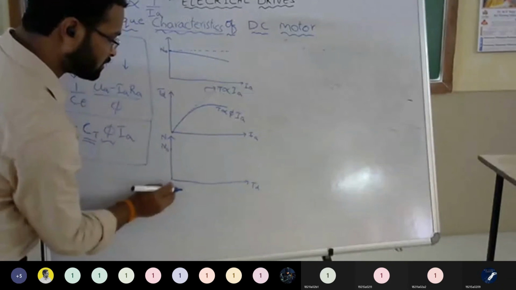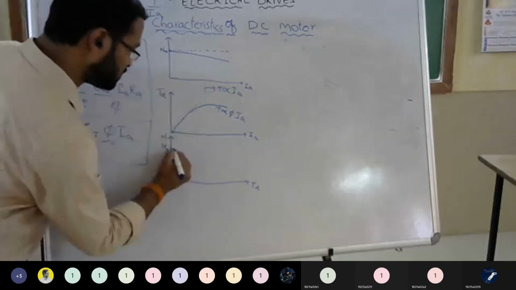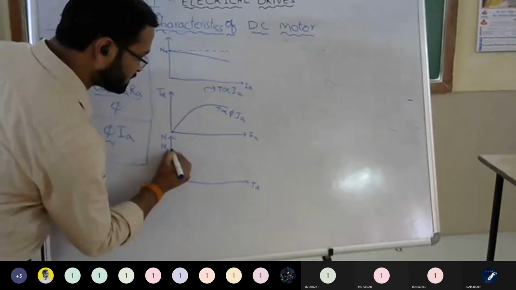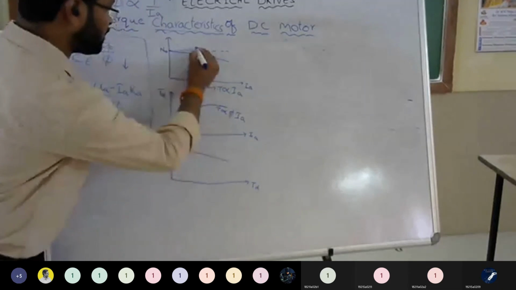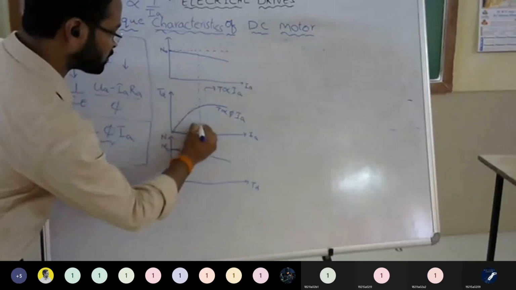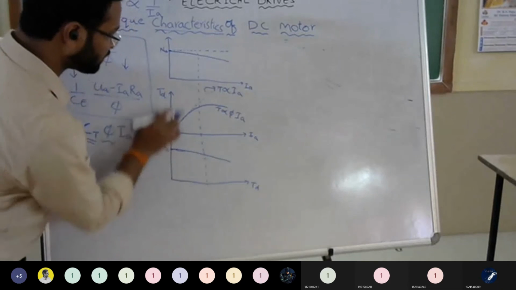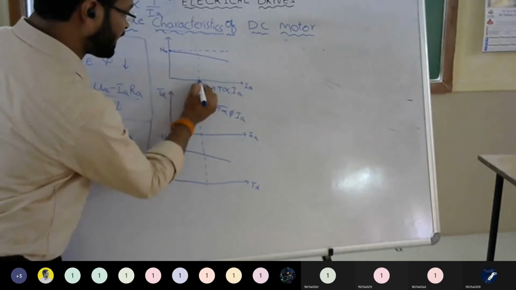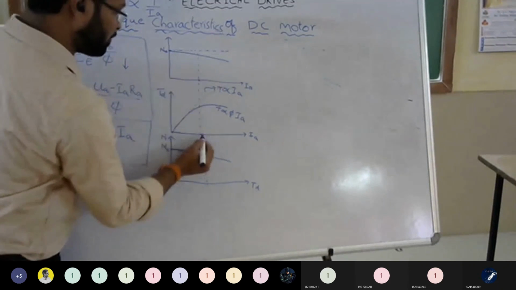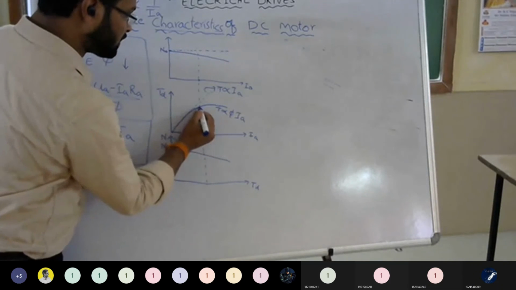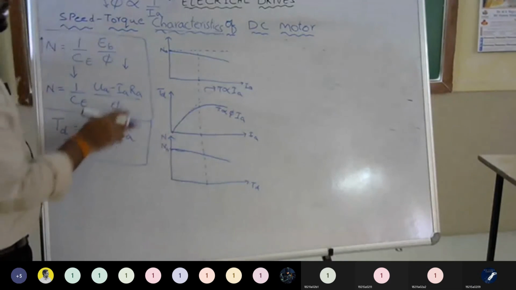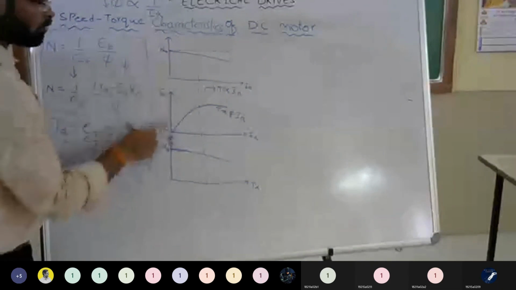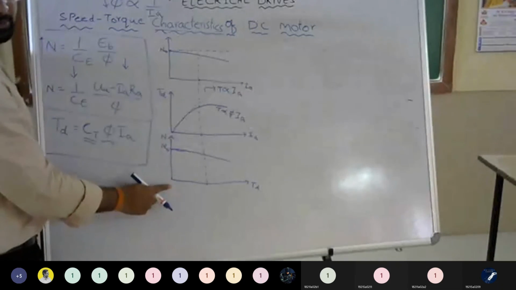So IA is increasing, PD is increasing, so these characteristics will become the same. If you consider any point, for a particular IA, what is the speed? For that particular IA, what is the torque? That one we will draw here. This is that torque value. What is the speed?